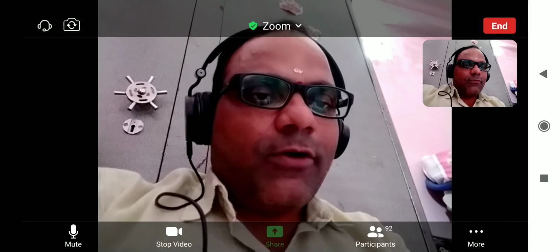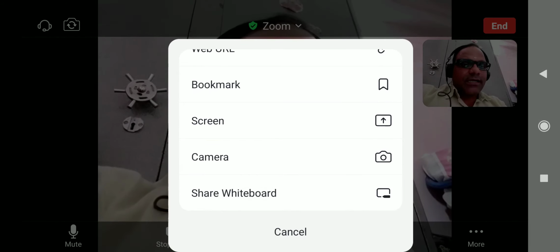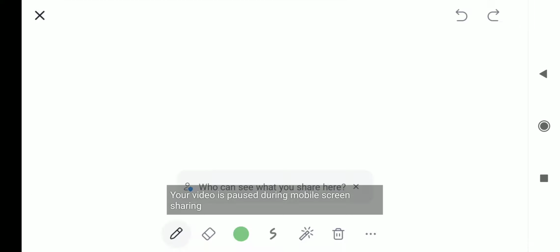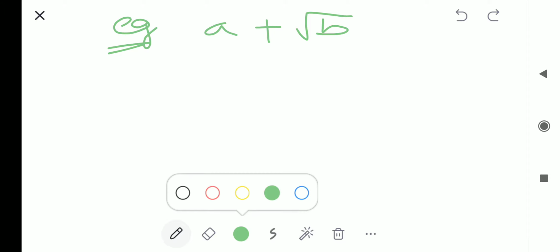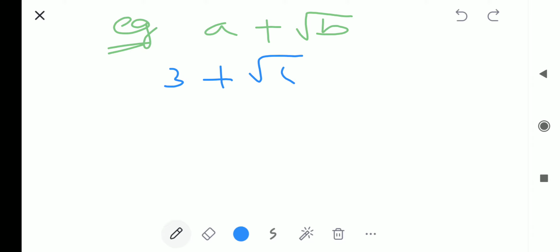I am going to explain this indirect method of proof with the following example. You can look at the board. Example 1. I take a number of the form a plus root b. So here I am taking 3 plus root 5.